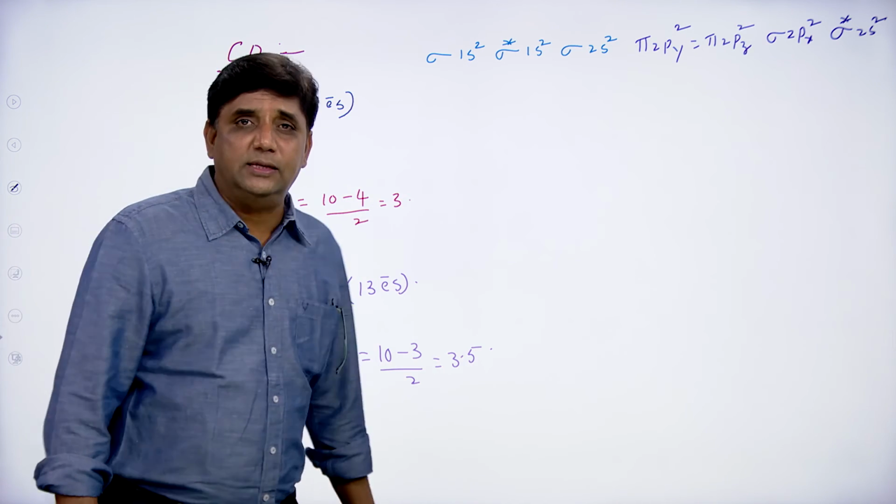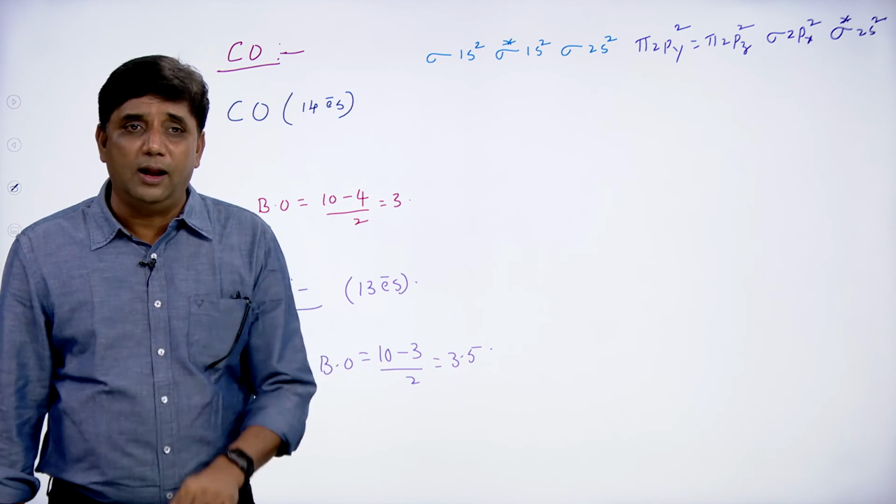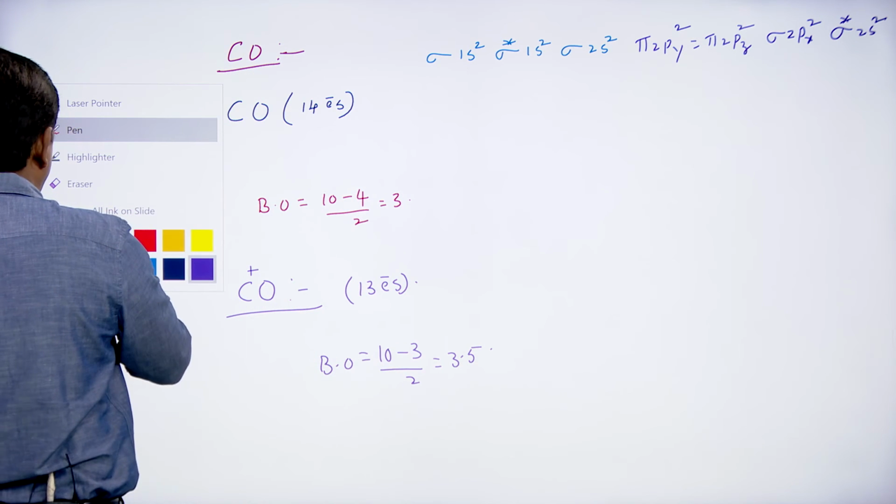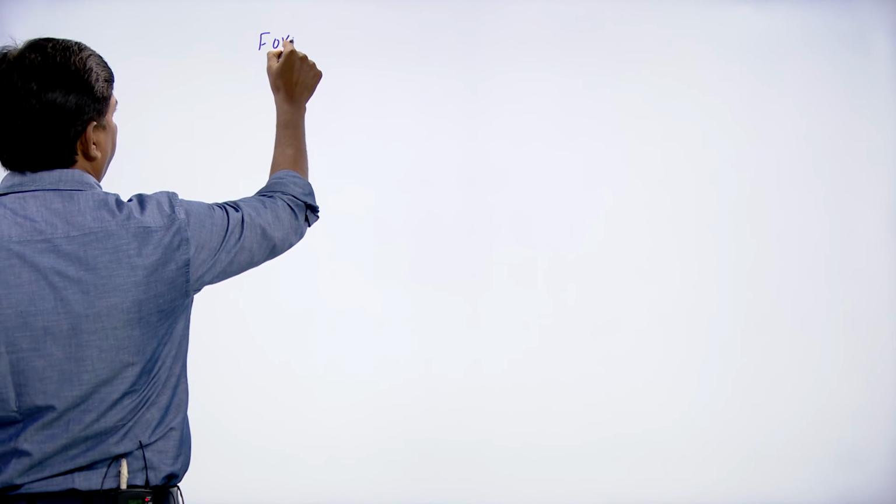Right students, this is all about the molecular orbital energy diagrams. If you want, there is one more, fluorine. If you want to write, you can write for fluorine. Formation of fluorine.